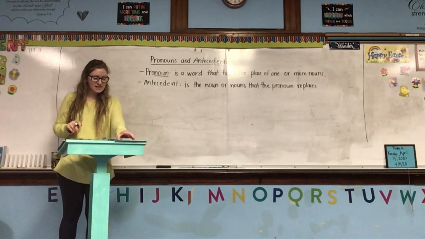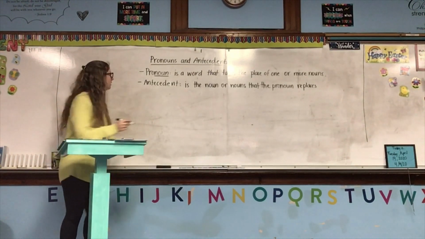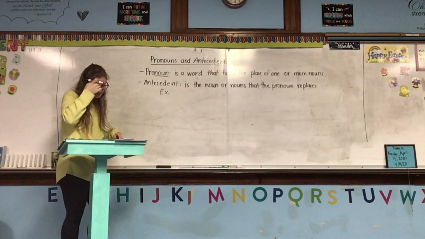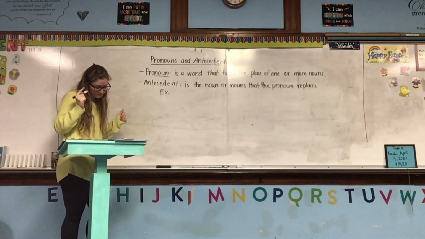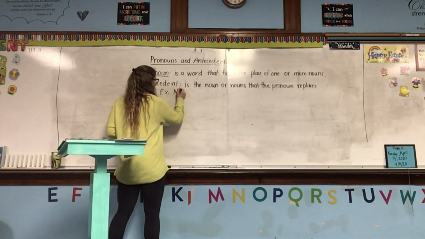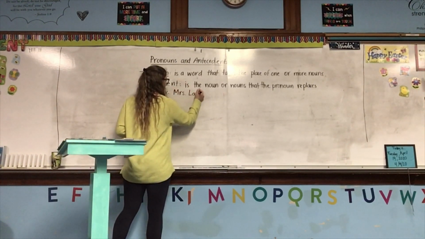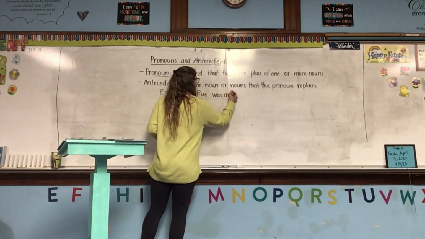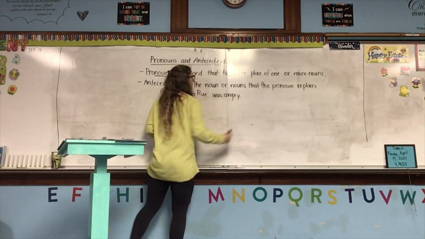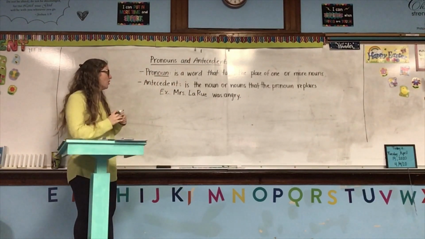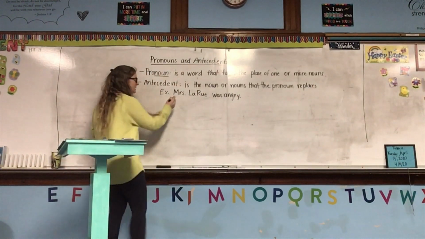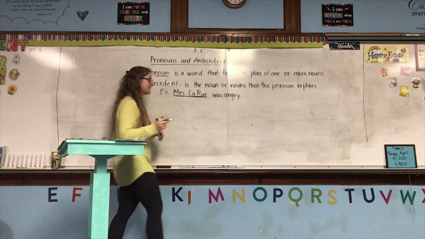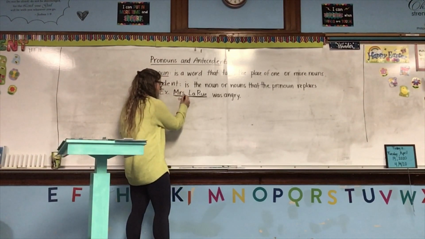So, for example, if I had the sentence, Mrs. LaRue was angry. I have no pronouns in this sentence. Mrs. LaRue will become the antecedent, so let's label that.